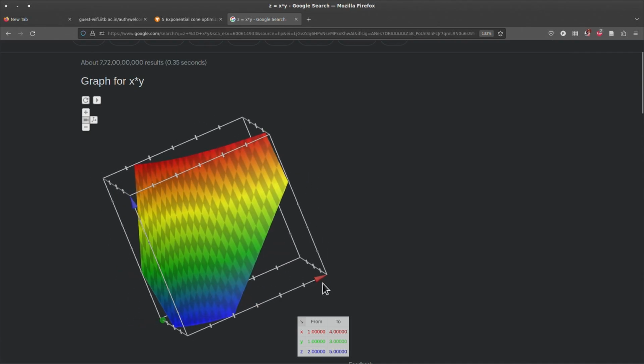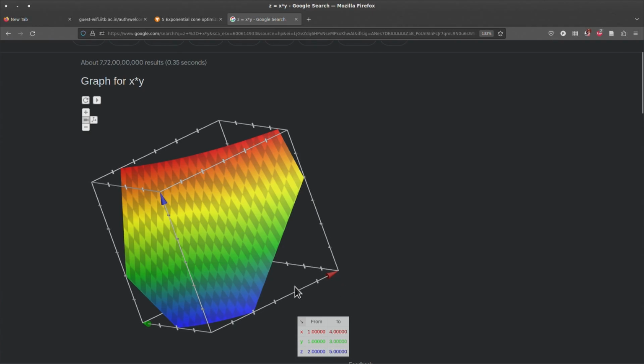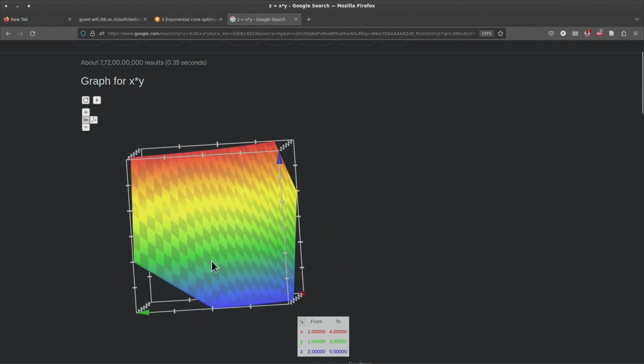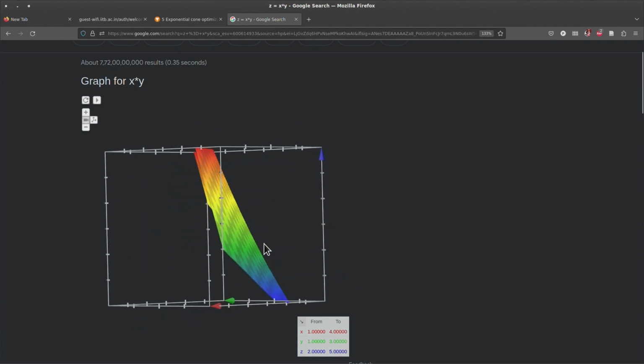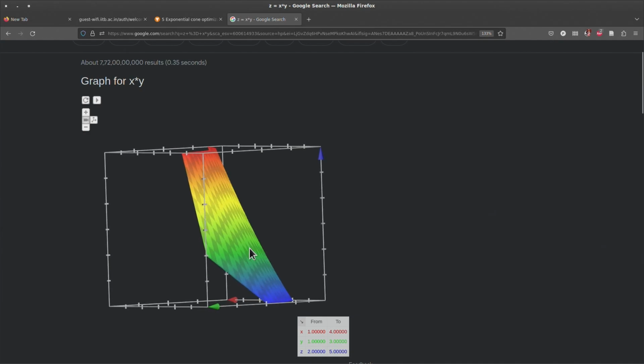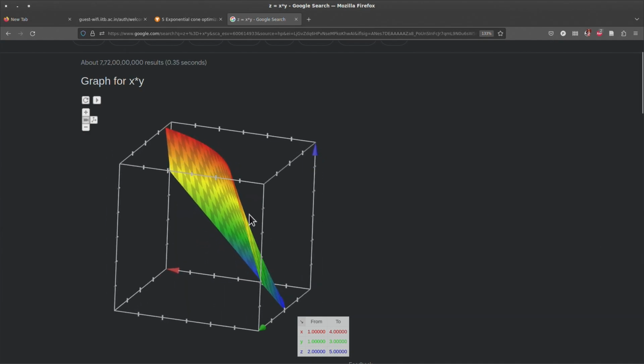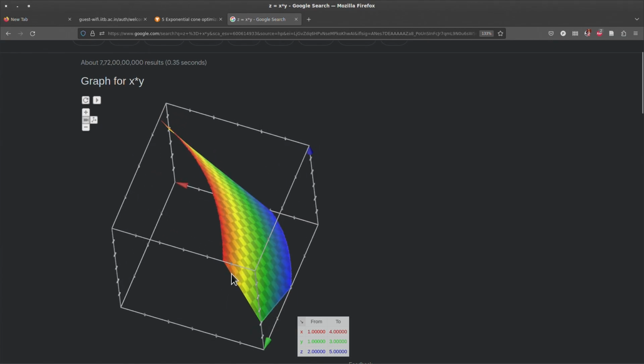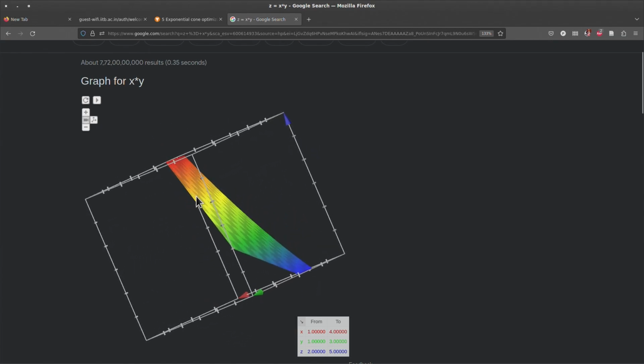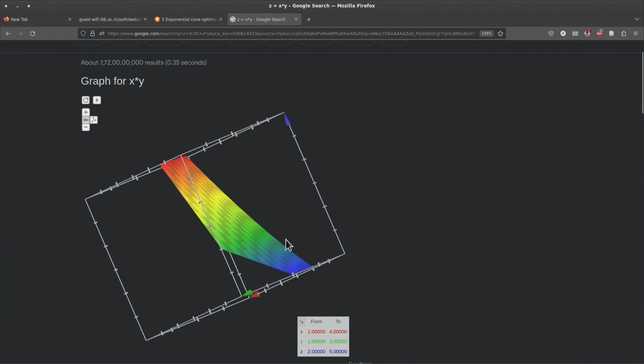If you turn it around, you can see that the function is neither convex nor concave, because if you look at it from above, it looks like this, but if you look at it from the side, it's not exactly straight. It has a slight bend to it.